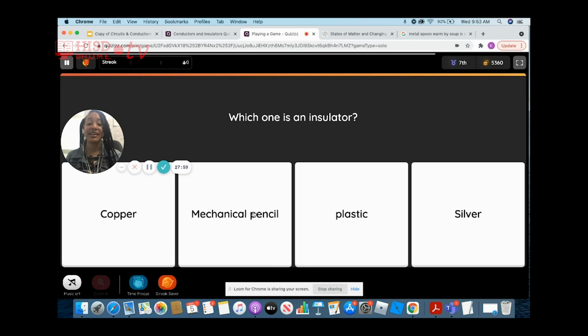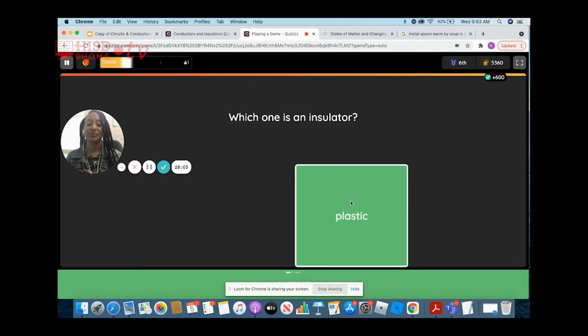Correct. The one that is an insulator would be plastic.